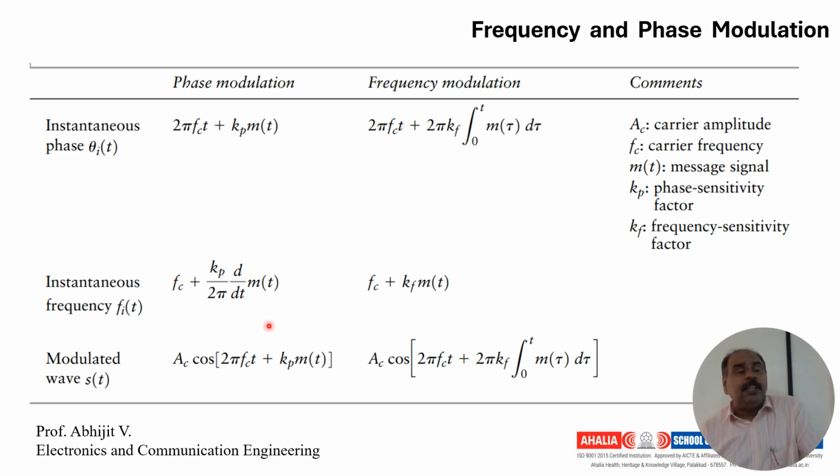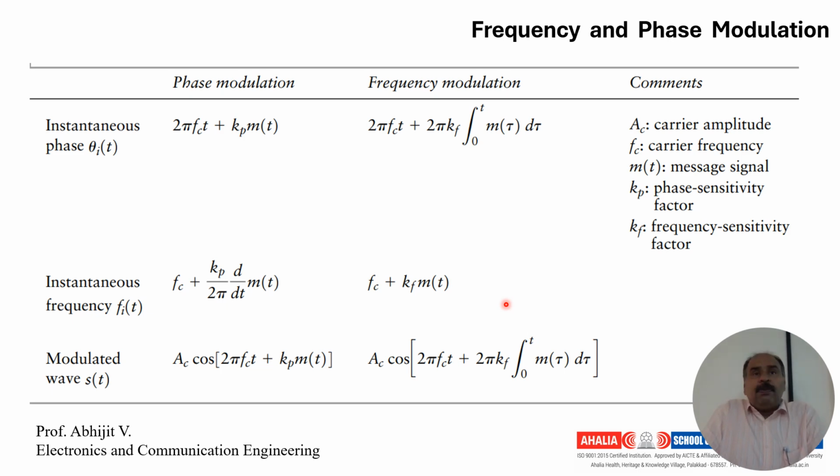Similarly, instantaneous frequency fi of t is given by fc plus kp by 2 pi d by dt m of t. We have already seen that for a frequency modulated signal, the instantaneous frequency, this is very important, is fc, the carrier frequency, plus kf m of t. The output modulated wave in case of phase modulation is given by Ac cos 2 pi fct plus kp m of t.